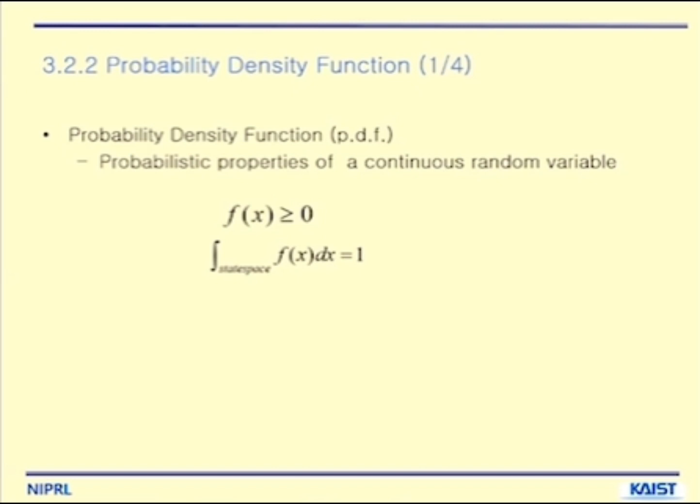In the case of a discrete variable, we use summation, but in the case of continuous, we use an integral. The integral over the state space, from the lower endpoint to the upper endpoint, of f of s ds must be equal to 1.